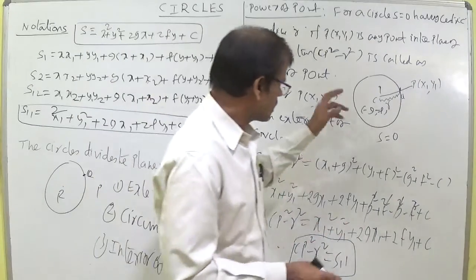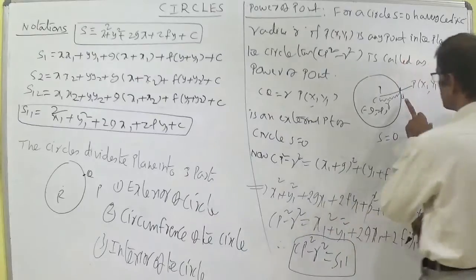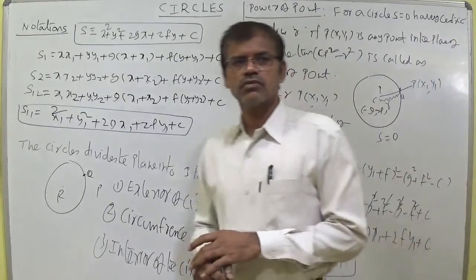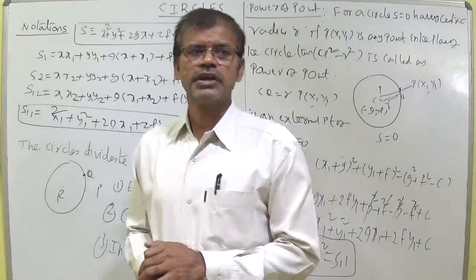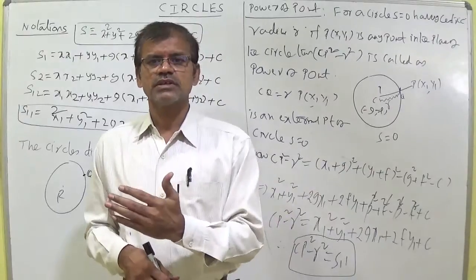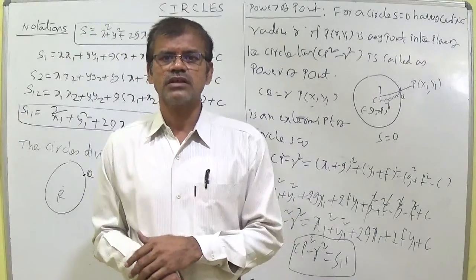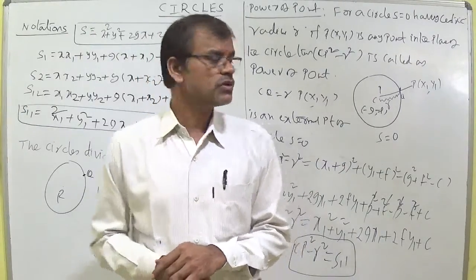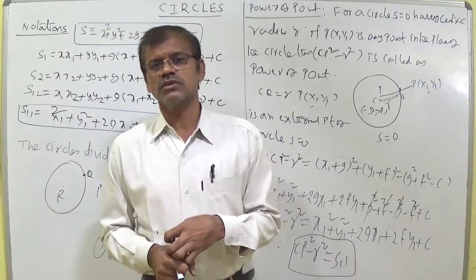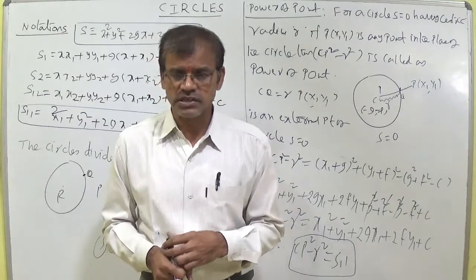That's all, like that I made the conditions. If P is on the circle, CP is equal to r, CP square minus r square is equal to 0, S11 equal to 0, therefore the point lies on the circle. If P is inside the circle, CP is less than r, then CP square minus r square is less than 0, then S11 is less than 0. Whenever S11 is less than 0, you can say undoubtedly that the point P lies inside the circle.